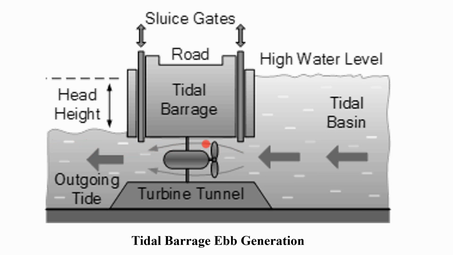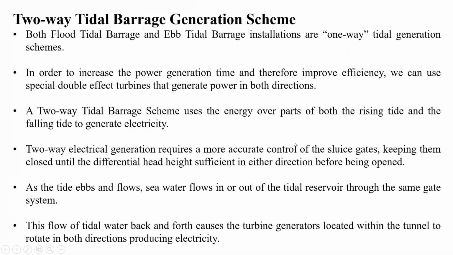This low head water will be passing through the turbine such that a pressure difference is created between this high pressure and low pressure outgoing tide. Because of this, there will be a flow through the turbine. This turbine will start to rotate and will be creating a force.